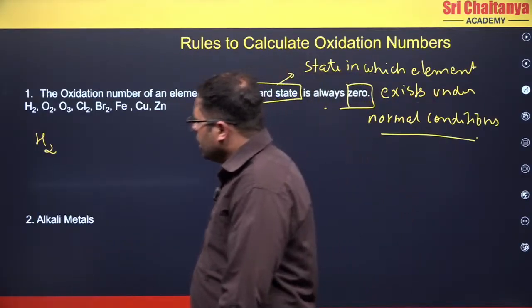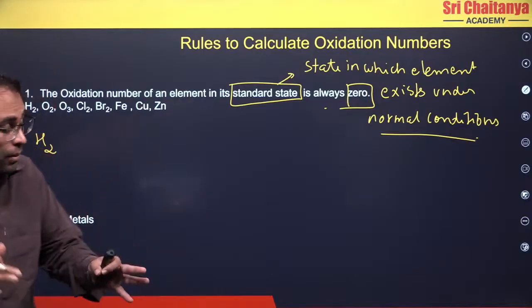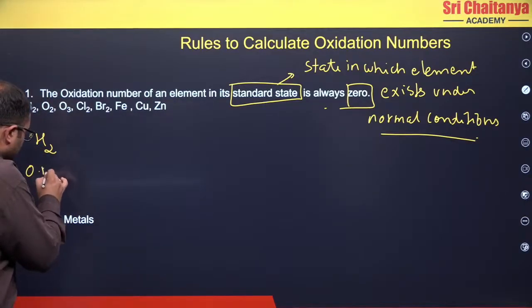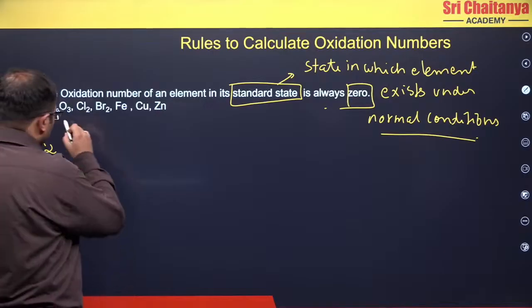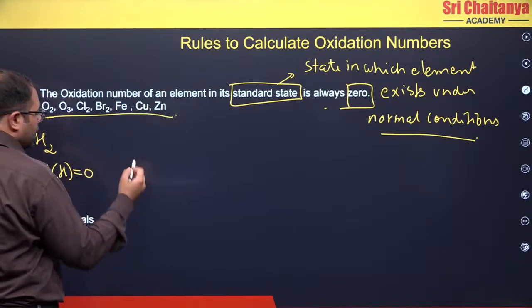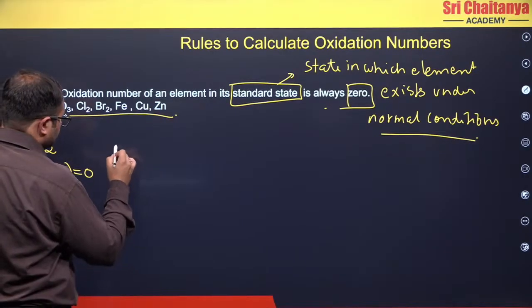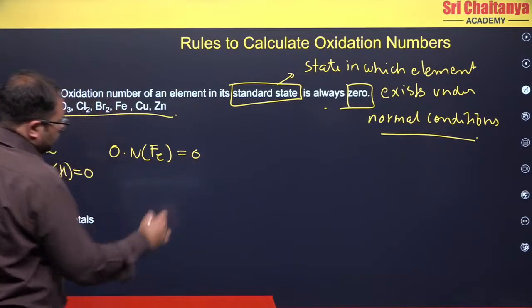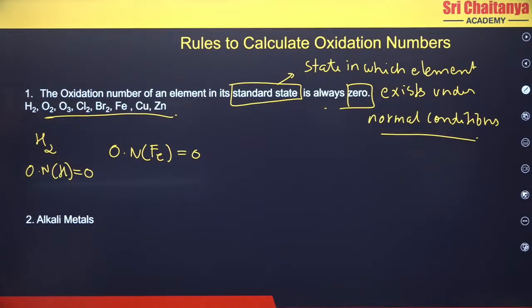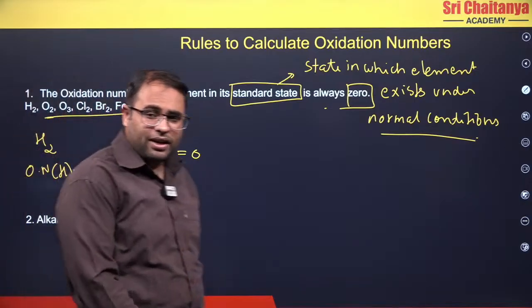So here oxidation number of hydrogen is 0, right? Similarly, if you go to any of these compounds, like oxidation number of iron, 0, right? So, right.